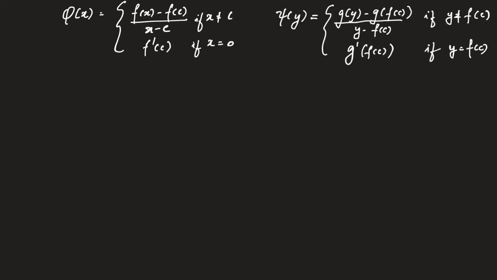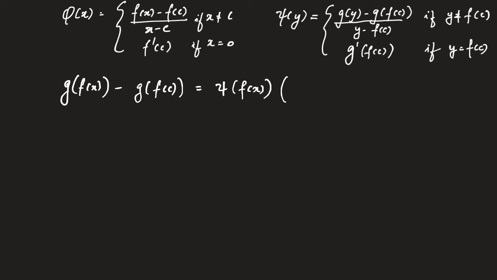Notice that g of f of x minus g of f of c is equal to psi of f of x into f of x minus f of c. Correct?